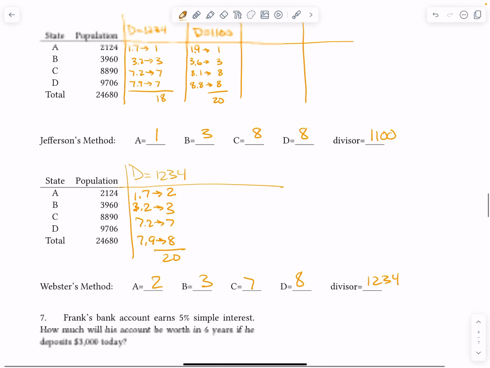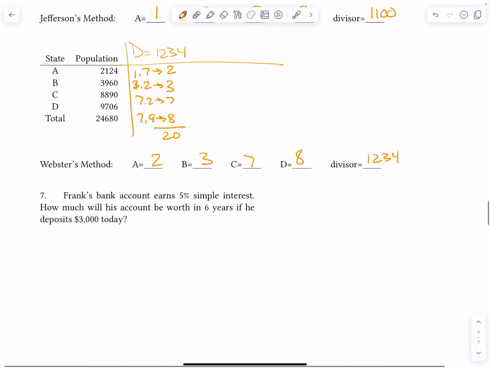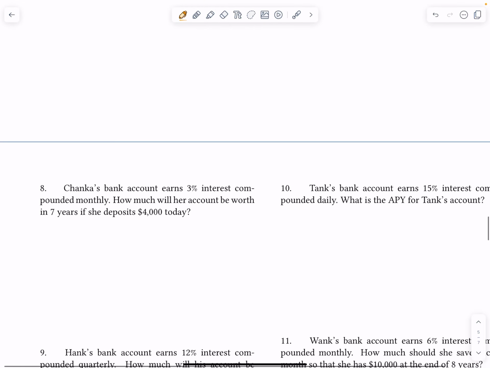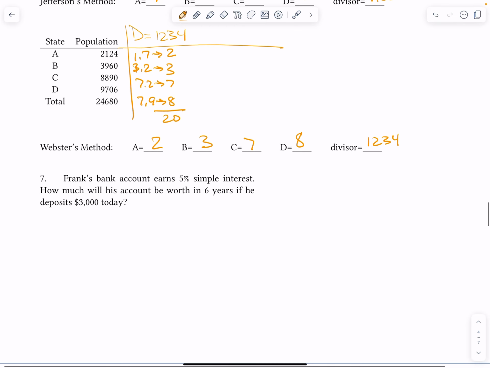All right, let's do this last one. It ended up on a different page than the other problems, but we'll do it. 5% simple interest, so the rate is 5%. The number of years, I don't remember what letters were used, is 6.